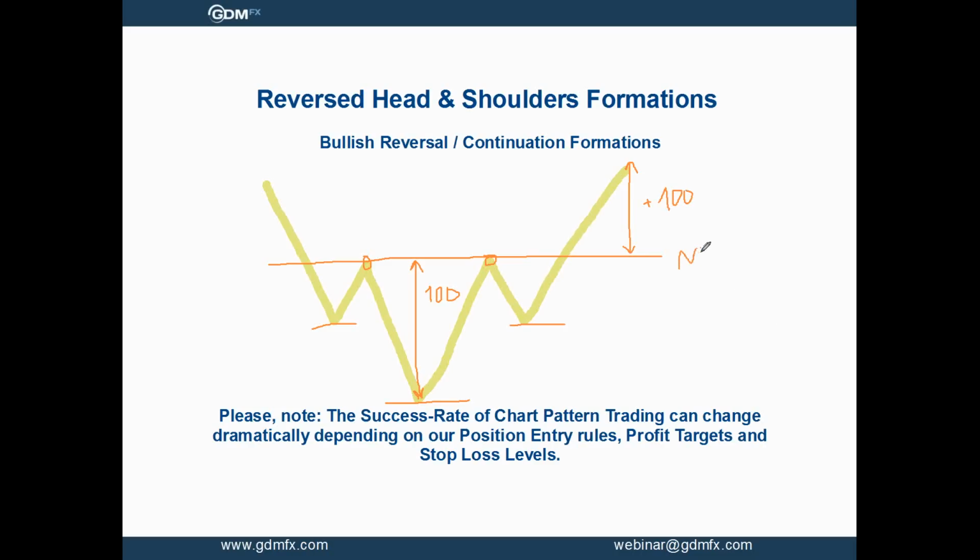And here is our neckline. This is our head, and those are our shoulders. This is once again a reversed head and shoulder. When we see something like this, we might want to consider buy positions upon a confirmed breach of the neckline up here.